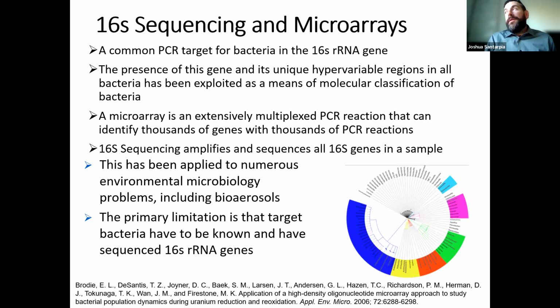And practically speaking, with a lot of aerosol samples, what you'll find is that the sample is so dilute that you have problems getting good coverage and good identification of things. And so a lot of times we focus on things like the 16S gene of bacteria, amplify all the 16S genes in the sample and then sequence that. And that gives you a good idea of what all of the bacterial species were in that sample.